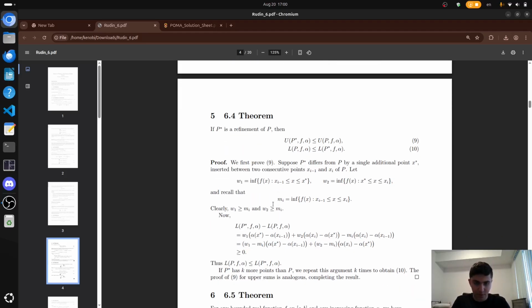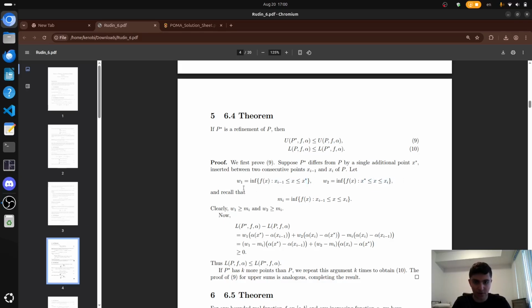Okay, so let's read the proof. We just explained the strategy, so now let's read the proof. We first prove 9, okay? Suppose P* differs from P by a single additional point x*, inserted between two consecutive points x_{i−1} and x_i of P. Let w1 equal the infimum of f(x) in this interval. That means the interval before x* and the interval after x*.